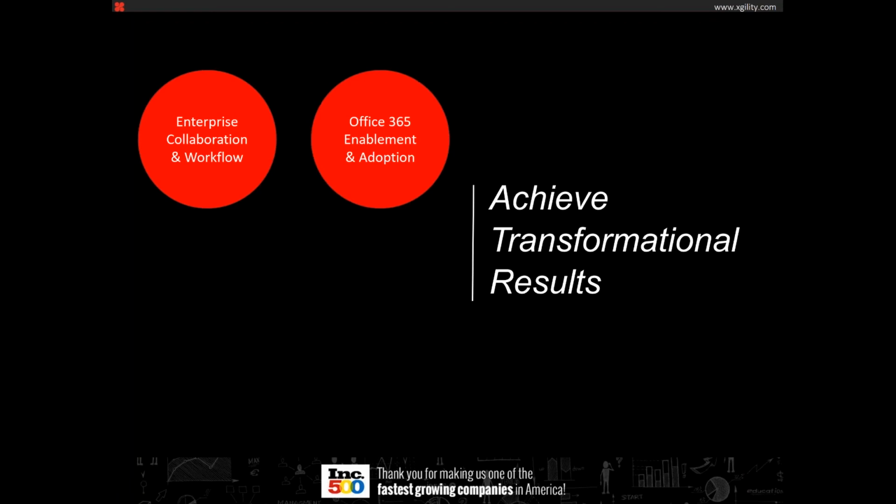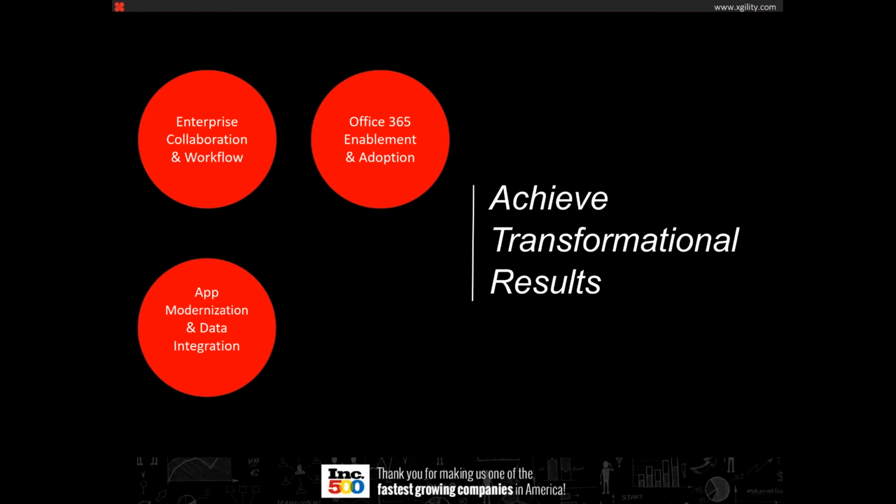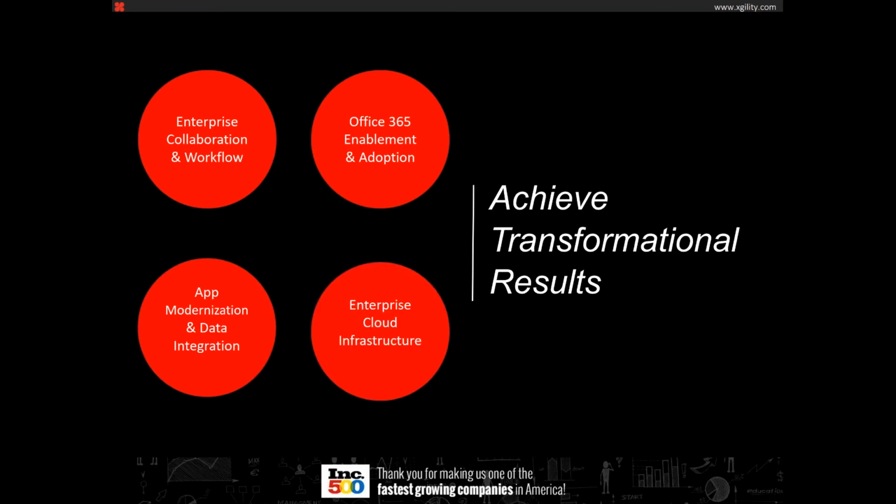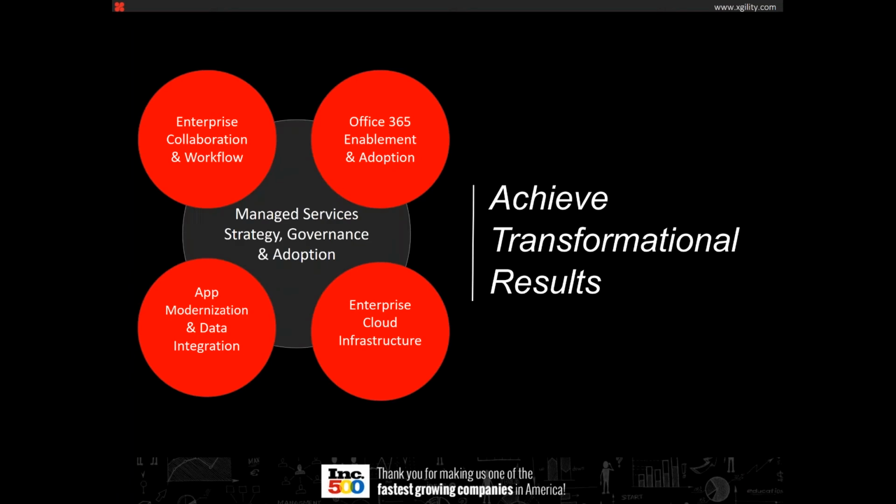So just to give a quick introduction of Xgility and why we are on this webinar, Xgility actually has 4 practice areas. The first practice area is our enterprise collaboration and workflow area, of which we'll be talking about a solution particularly aimed in that area. Our team also does a lot of Office 365 enablement and adoption.